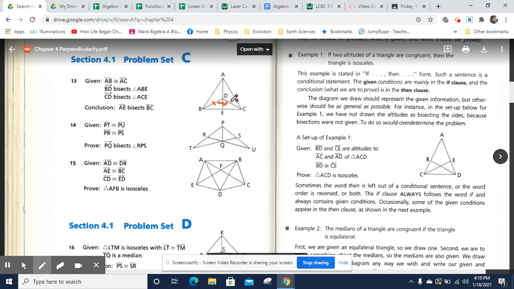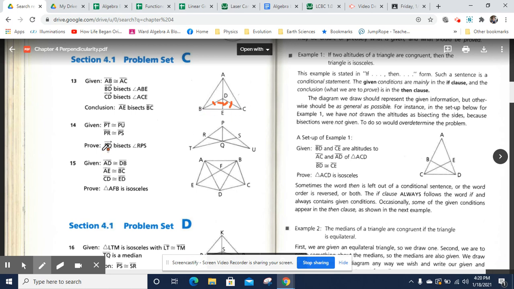We know this side is congruent and we know DE is congruent to itself. And so now we've got side, angle, side, and that will give us everything we need to prove that BE and CE are congruent, and that will give us that AE bisects BC by definition of a bisector.